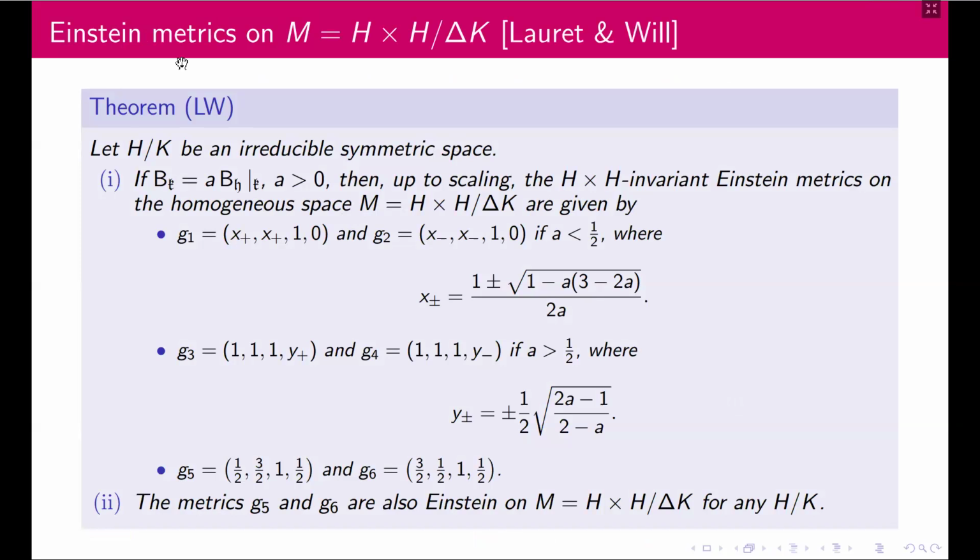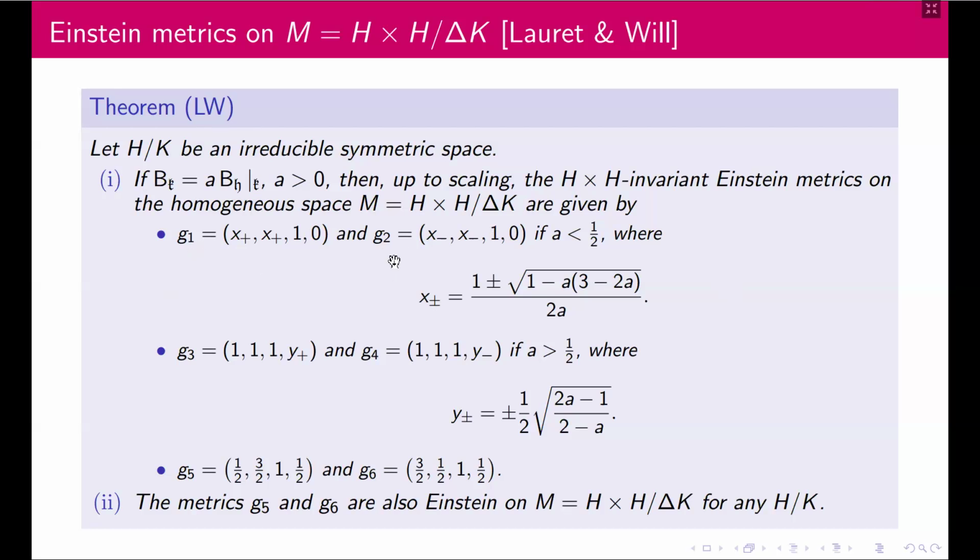But in the case when H over K is an irreducible symmetric space, they obtain a complete classification. So in this case, when we have the condition about the Killing forms, they prove that the H times H invariant Einstein metrics on M are given by G1 and G2.